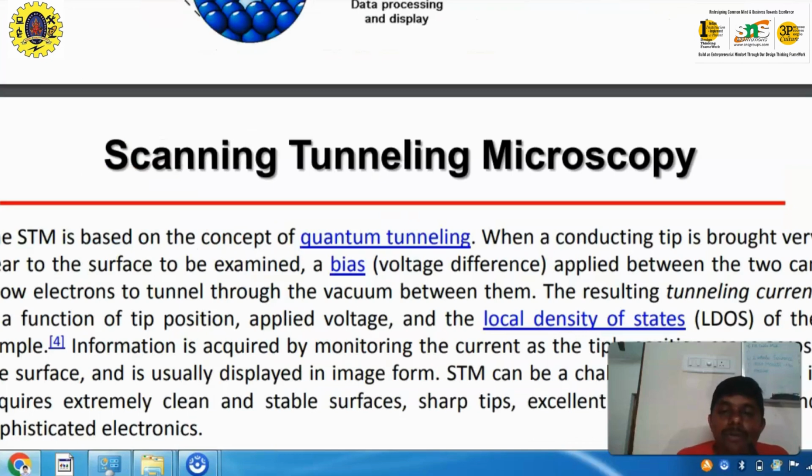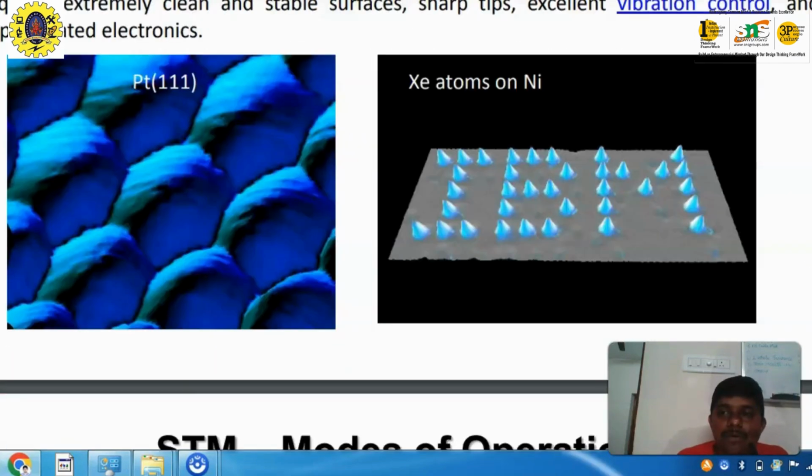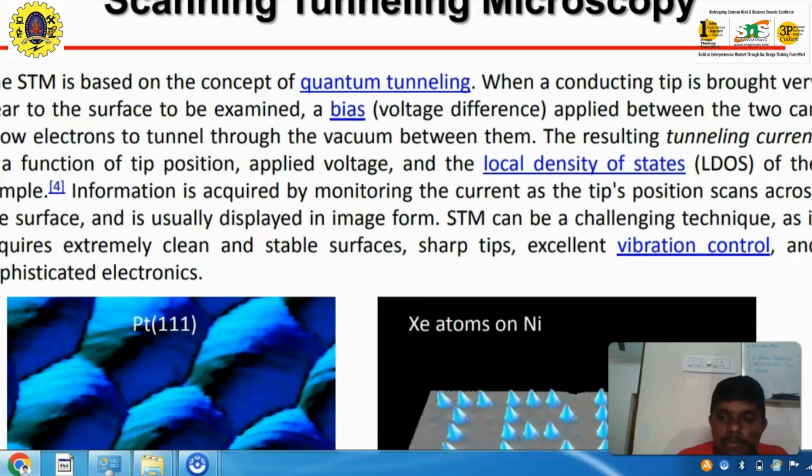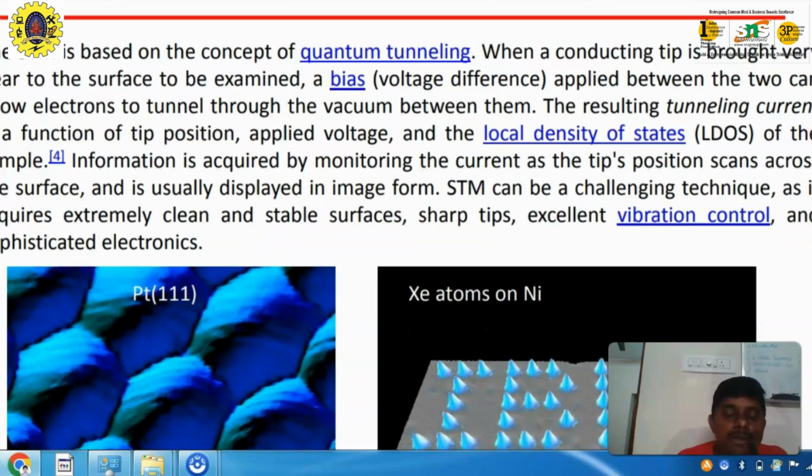So this STM is totally based upon the quantum tunneling concept. Both methods are basically working on the quantum tunneling concept. When a conducting tip is brought very near to the surface to be examined, and a voltage is applied between the two, it allows the electrons to tunnel through the vacuum between them.